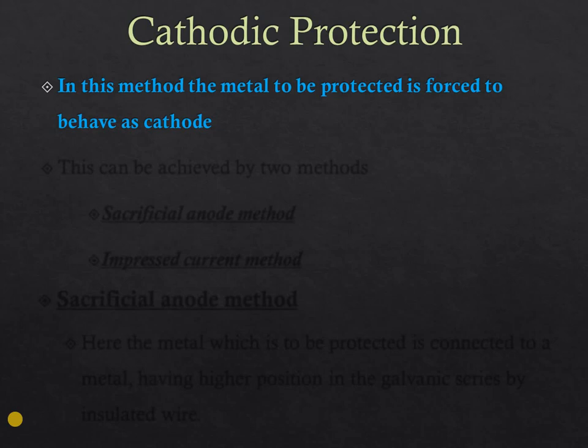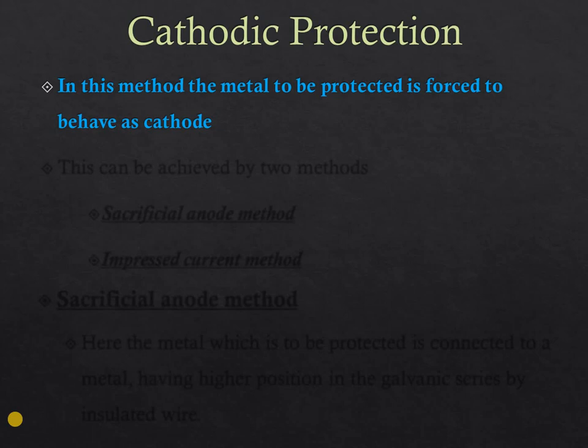Hence, if we want to protect a certain part of a metallic structure, then if that metallic part acts as a cathode, it will not get corroded and will be protected from corrosion. And this principle is used in cathodic protection.